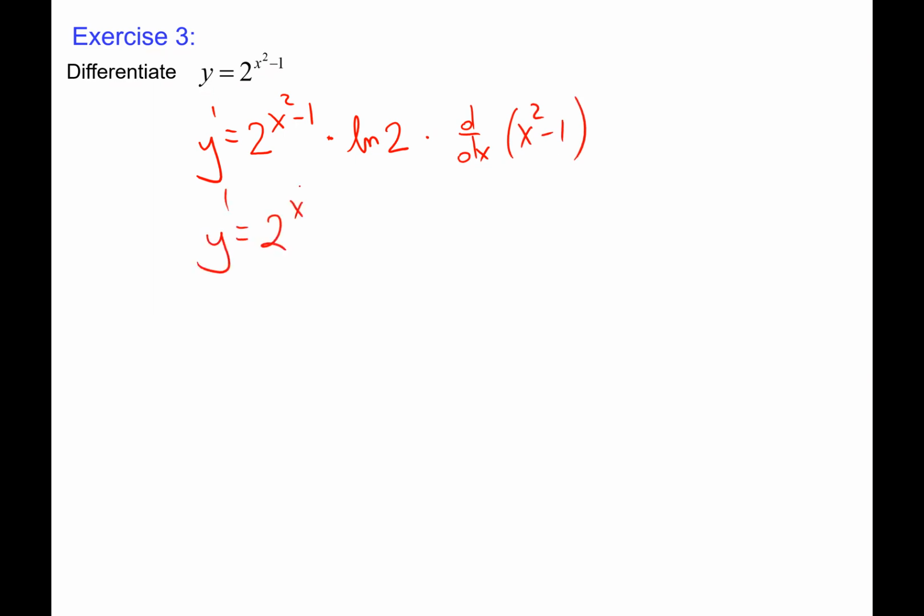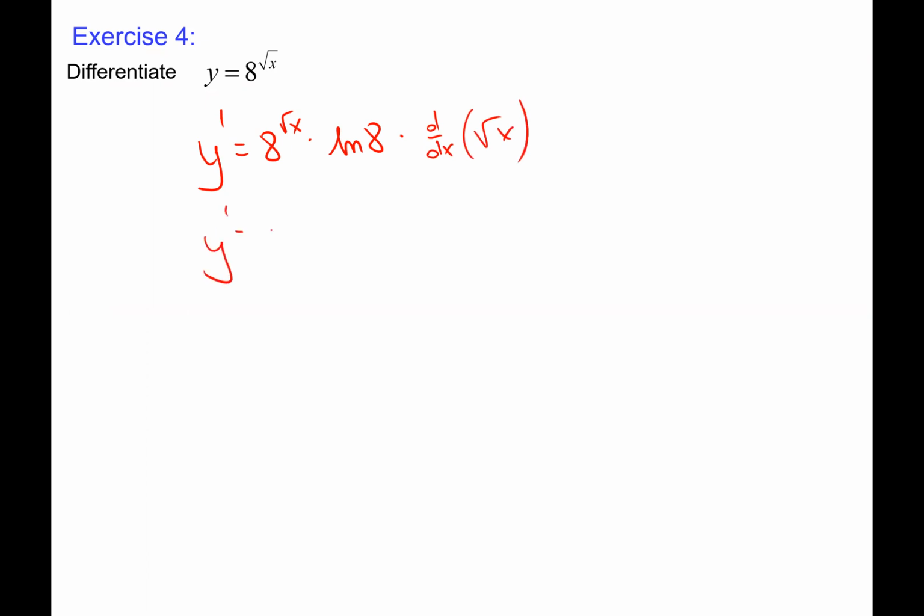I can copy this, that's part of the formula, and the derivative of x squared minus 1 is 2x. Maybe we can rewrite a little bit, put 2x ln of 2. Actually, I didn't simplify. Okay, let's leave it like that.